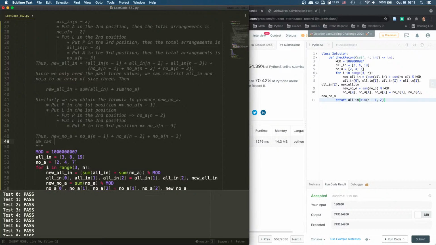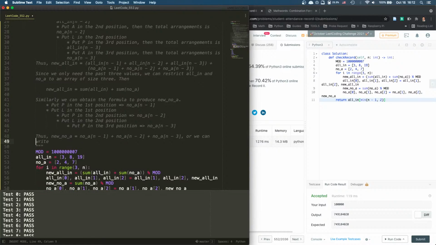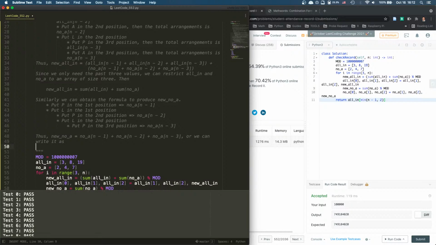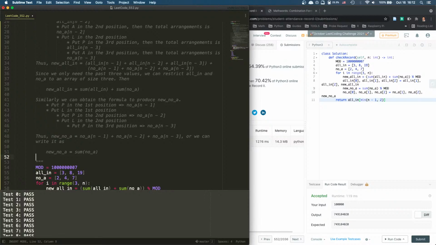We can also write it as new no A equals sum no A.